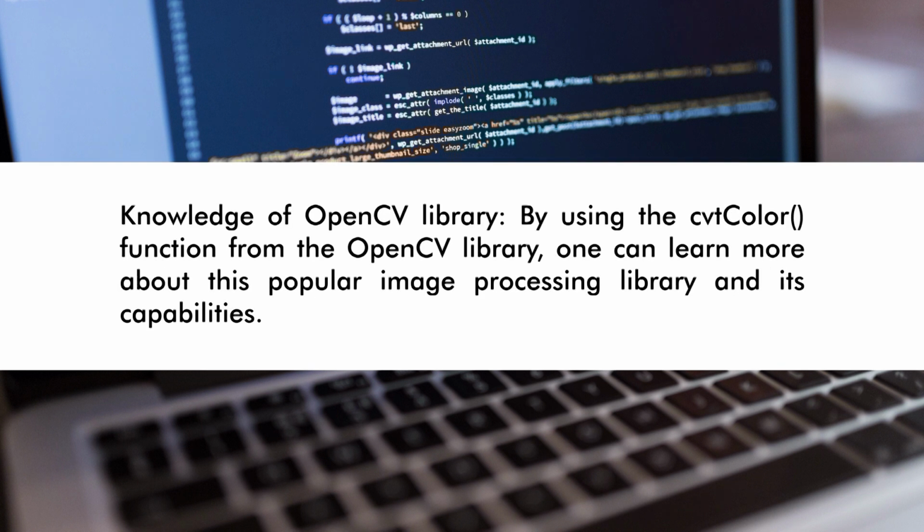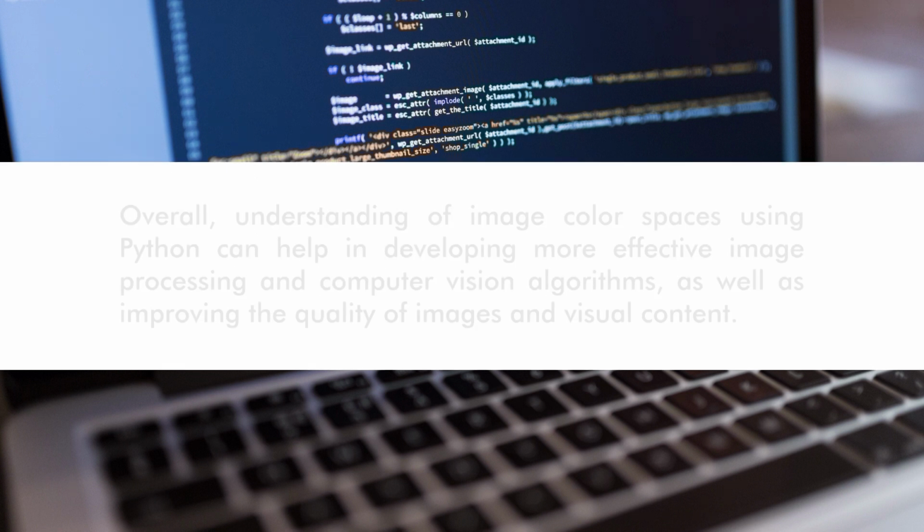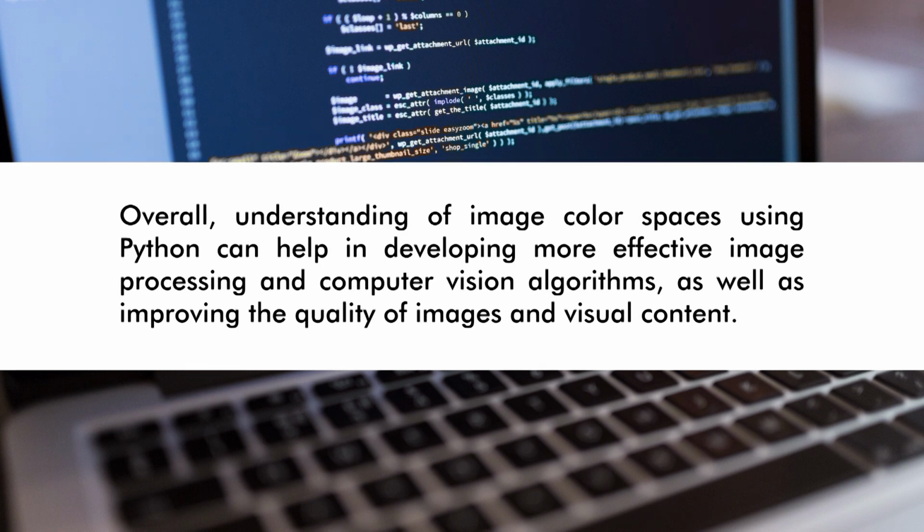Next is knowledge of the OpenCV library. By using the cvtColor function from the OpenCV library, one can learn more about this popular image processing library and its capabilities. Then last, an overall understanding of image color spaces using Python can help in developing more effective image processing and computer vision algorithms, as well as improving the quality of images and visual content.